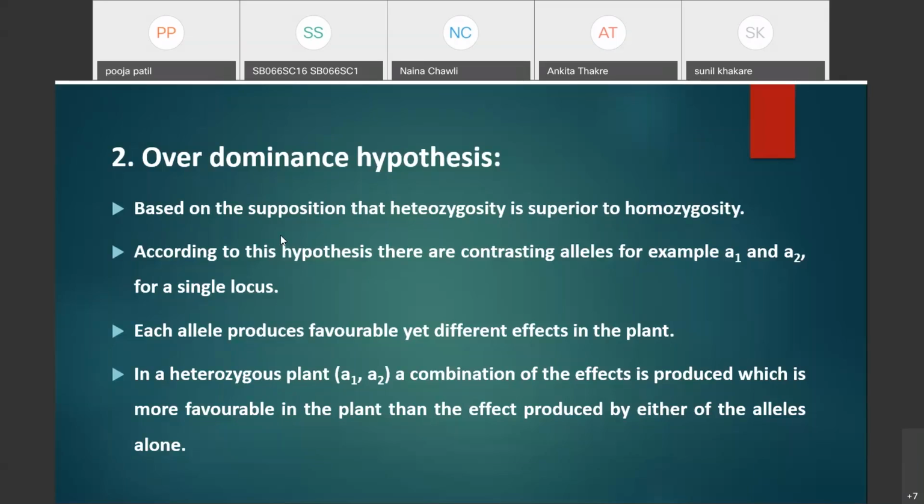That's why this hypothesis was referred to as the over dominance hypothesis.